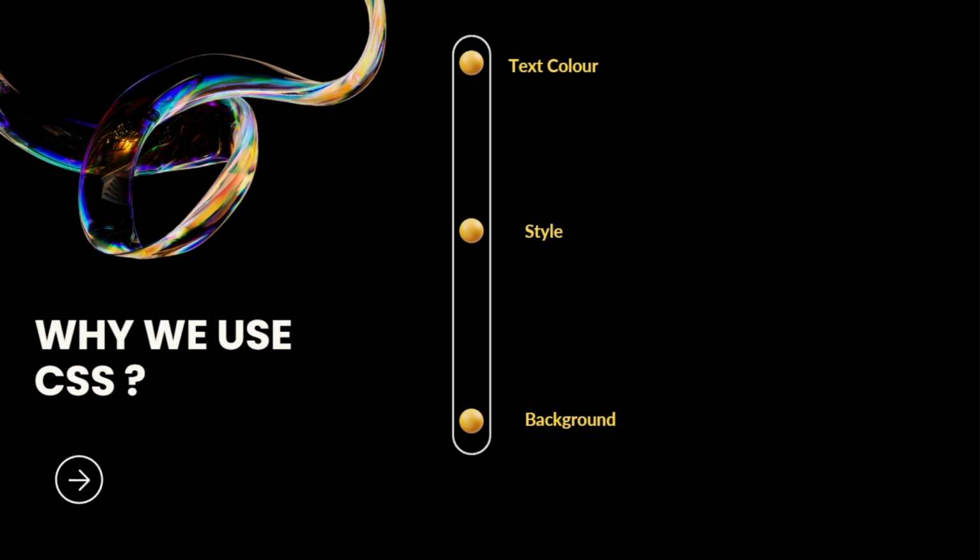Basically, without CSS, your website looks boring, just black and white and super non-attractive. For the attraction of people and a professional look, you need to add CSS to your web pages. It can be the text color, the style, the background, and much more. Like if the color of the text is white, you can make it pink, blue, or orange as your option.